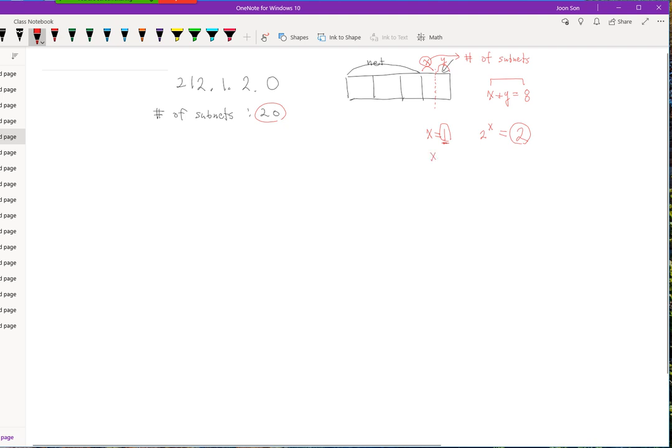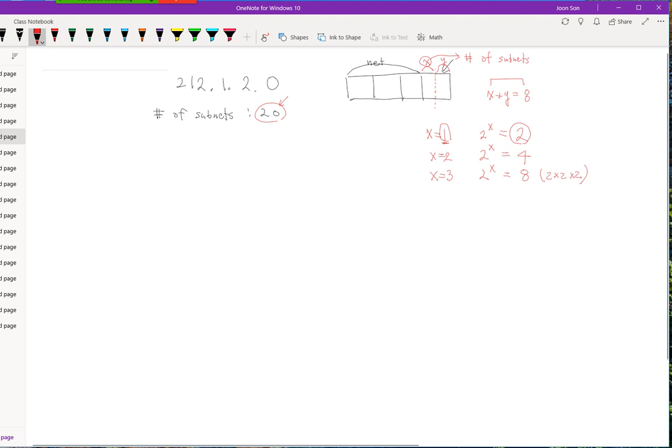When X is equal to 2, 2 to the power of X is 4, so we can create 4 subnets. However, that's much less than what is required. So I'm going to go one more, and 2 to the X is 8, because it's 2 times 2 times 2.